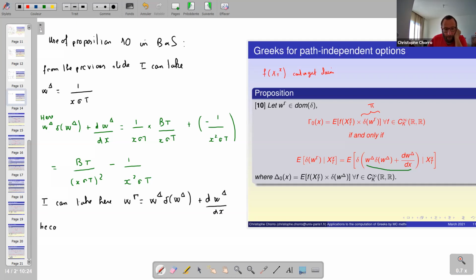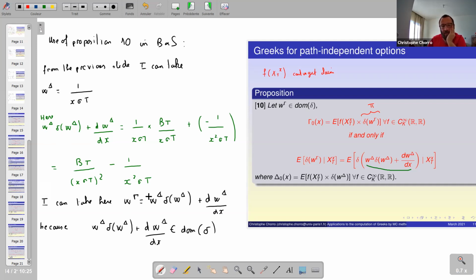Because W delta plus dW delta dx here belongs to the domain of delta, I can take this one to be equal to this one in order to make the equality between the conditions of expectation. Keep in mind that one condition on W gamma is to be in the domain of delta. So if I want to take this one to be equal to this one, I have to check if this one fulfills this condition. And here it's the case.